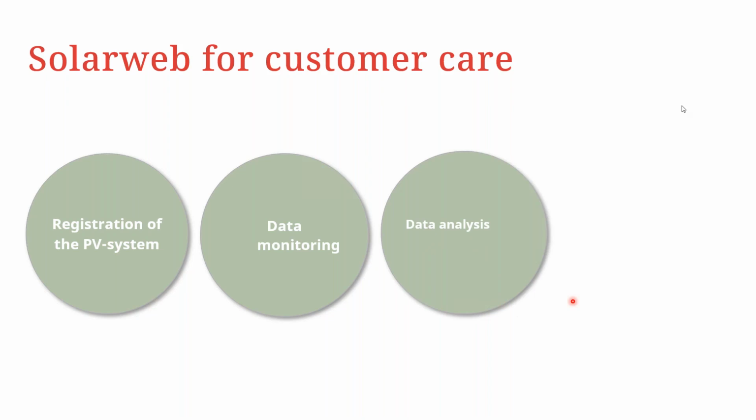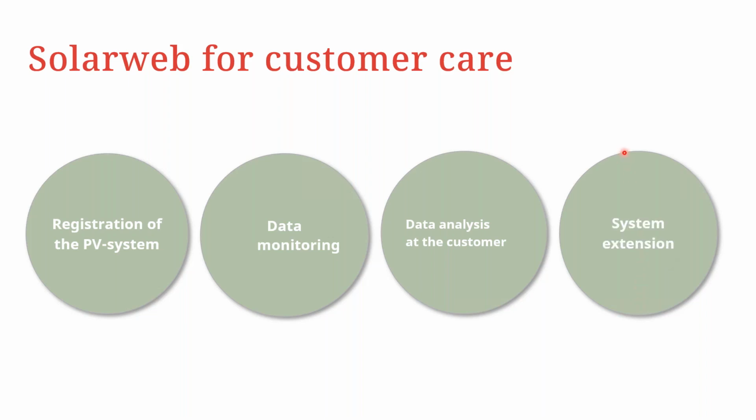And then you go into the data analysis. Once you have accumulated data over a certain period of time, you go into data analysis. And lastly, you also look at system extension possibilities. So you check what are the options to extend the system based on the analysis that you have done.